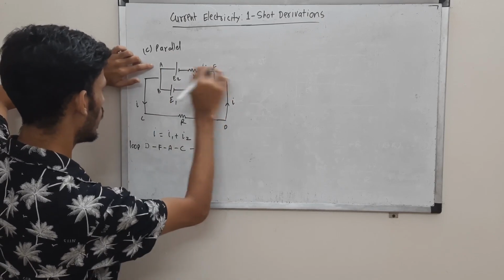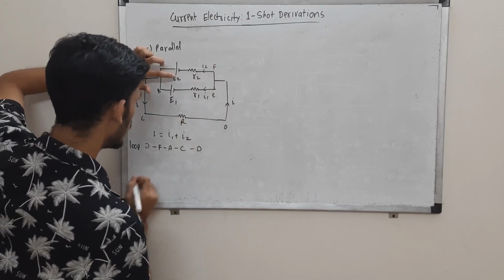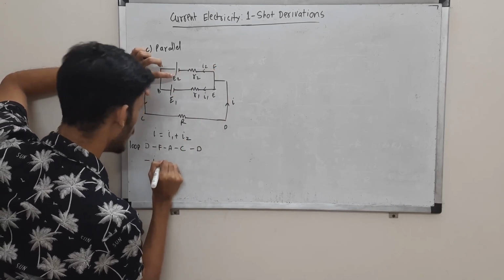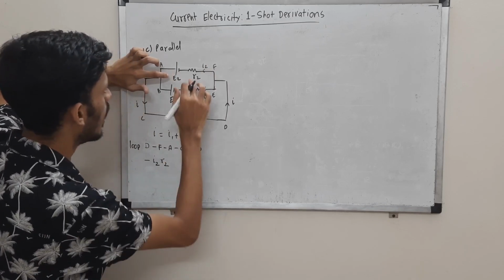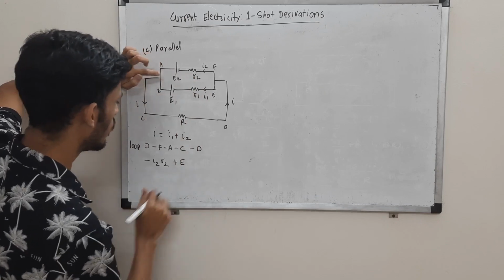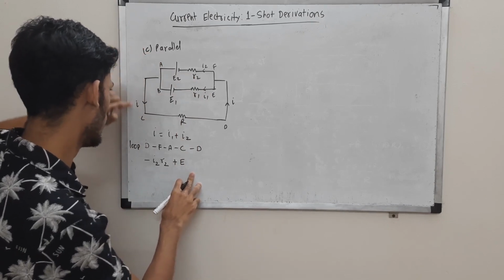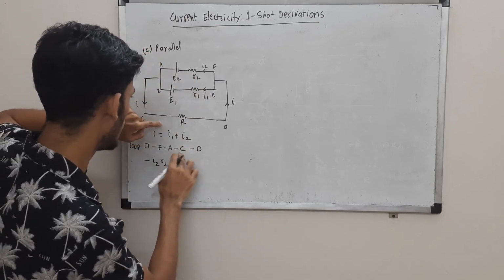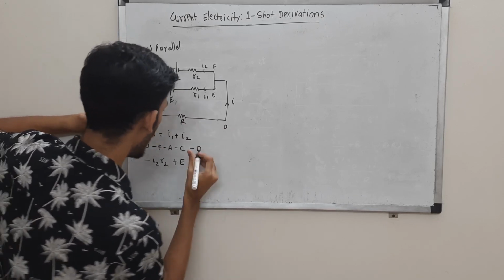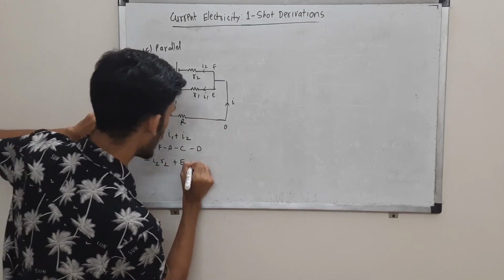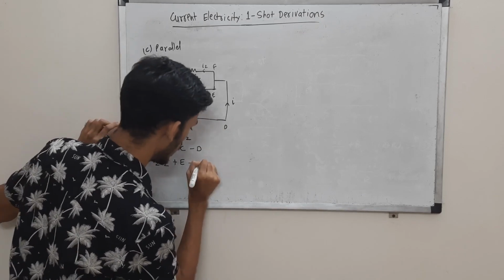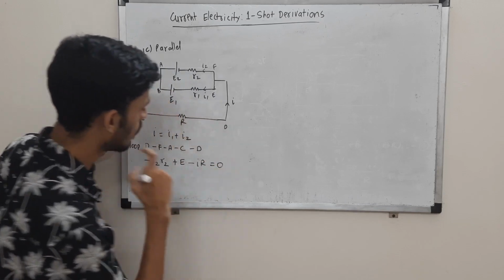Then F to A, you have a resistor, and you are moving in the same direction as current, so minus I2 R2, and we have plus E2 since we are moving from negative to positive. Then A to C, nothing there. Then C to D, we have a resistor R, and the current flowing through R is I, and we are moving in the same direction as that of current, so negative, and equal to 0.